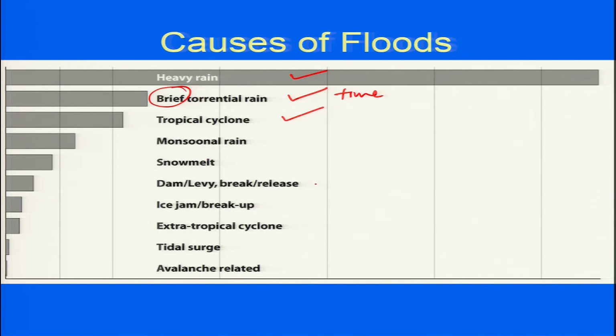Snow melt, dam and levee break and release, ice jam breakup, and as we were talking, this could be related to the glacial lake outburst flood. And then we have extra tropical cyclones, tidal surge, avalanche related. So, these are a few examples of the causes of flood.